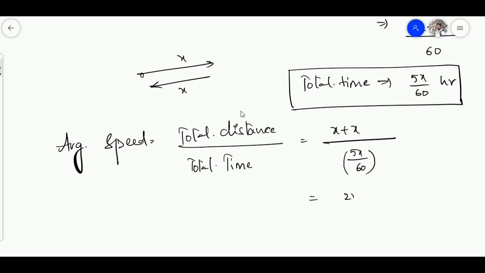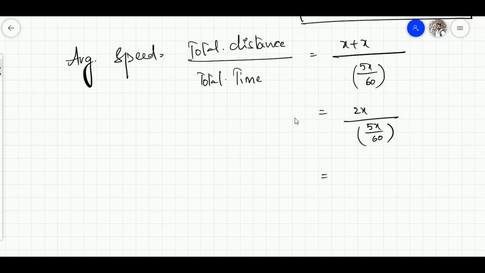So it is 2x by 5x by 60. The denominator gets reciprocated when it enters the numerator. That means 2x into 60 by 5x. The x will get cancelled, giving 120 by 5. So what is the answer?